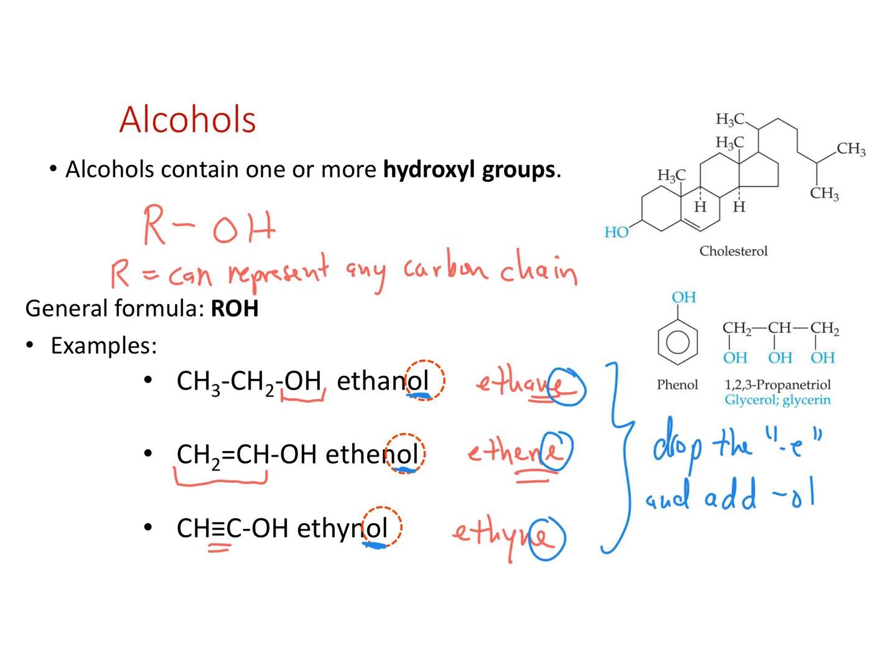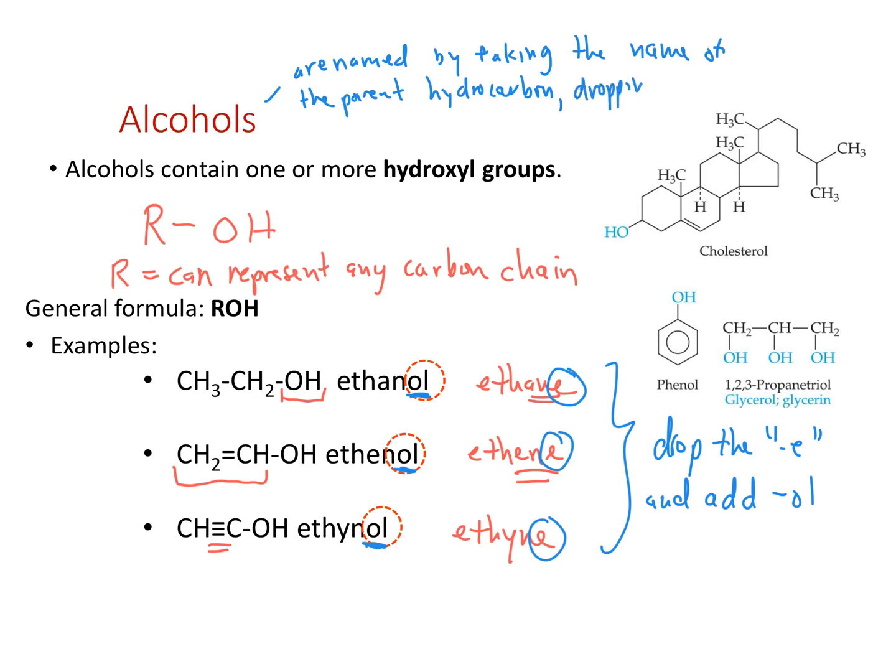So in general, alcohols are named by taking the name of the parent hydrocarbon, dropping the terminal E and adding OL in its place.